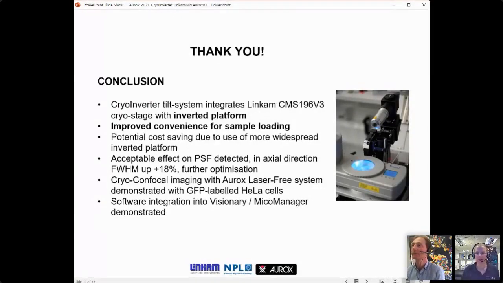I'd just like to make one point: obviously this implementation on the inverted microscope is very new, but also the software integration that we've done of this Linkam motorized stage into the Micro-Manager and Visionary software will also work on an upright microscope. So this is very much to assist people if they already have a microscope that they want to use for cryofluorescence or cryoconfocal, then they can now upgrade this system in a modular way.